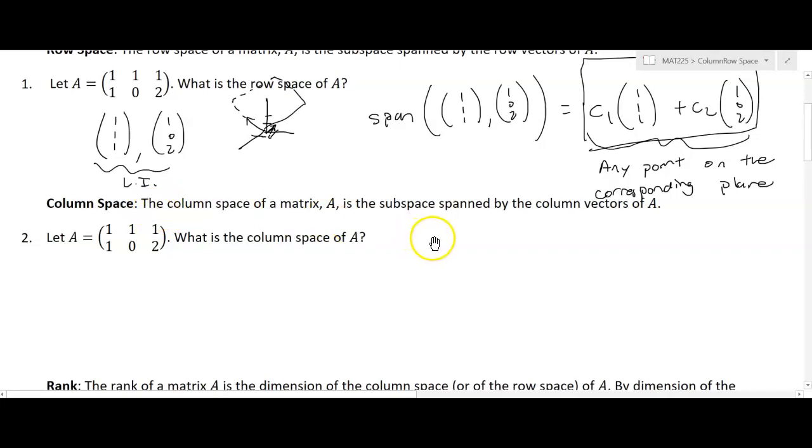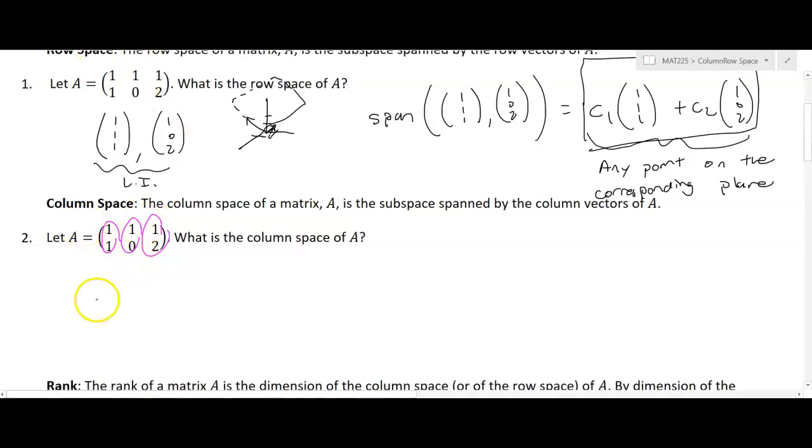Now the column space of a matrix is the subspace spanned by the column vectors of A. If I look at the column vectors, which are 1, 1, 1, 0, and 1, 2, I see that it's impossible for those three vectors to be linearly independent because there are three vectors in 2 dimensions.